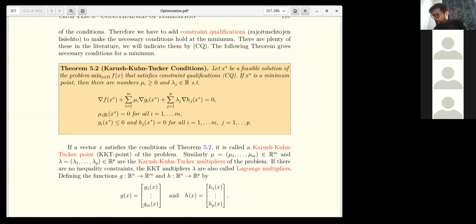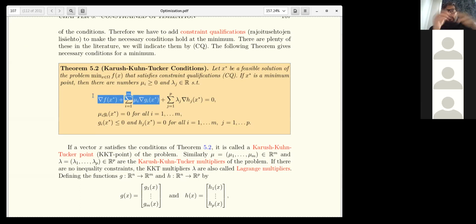So in other words, there is a positive constant such that the gradient of f plus some positive constant times the gradient of G must be equal to 0. So that covers this first part.